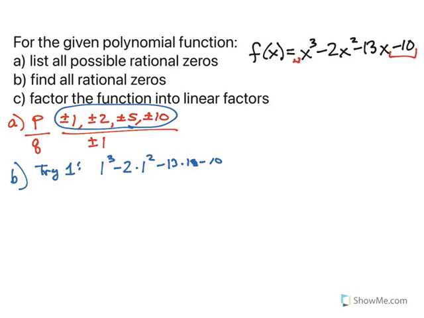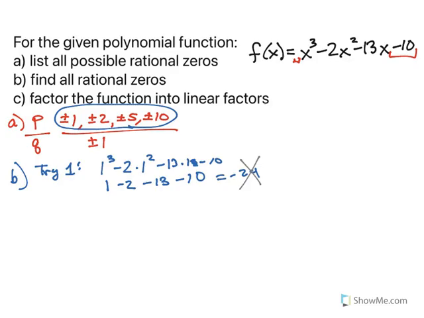Okay, so that gives me 1 minus 2 minus 13 minus 10. Well, that does not work. So 1 minus 2 is negative 1, minus 13, minus 10, what is that, a negative 24. Oof, that is not going to work.